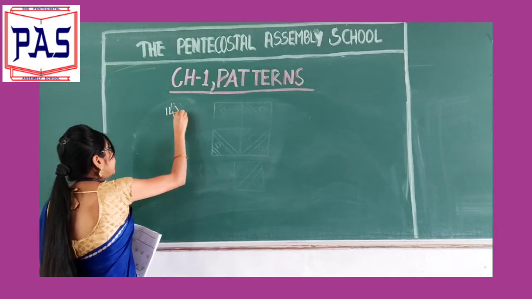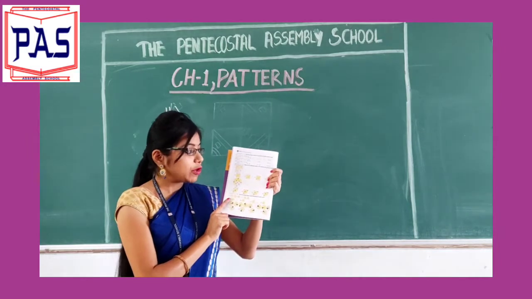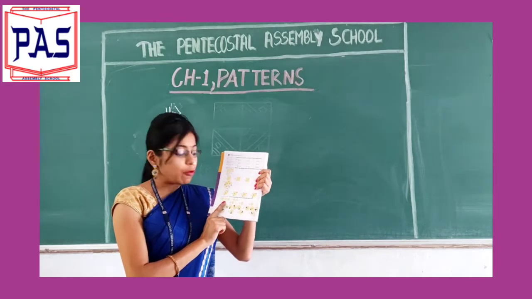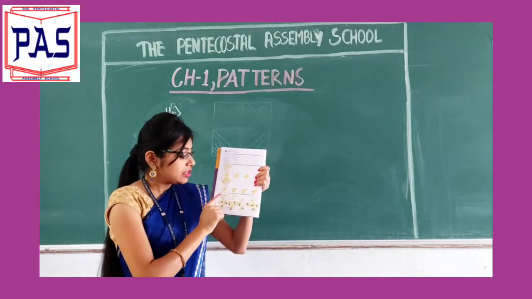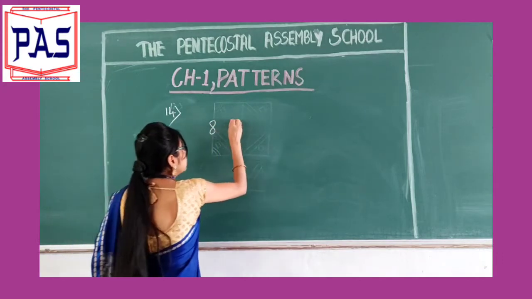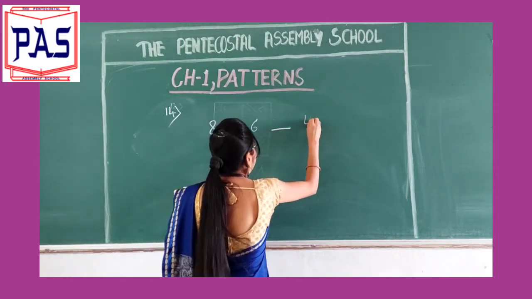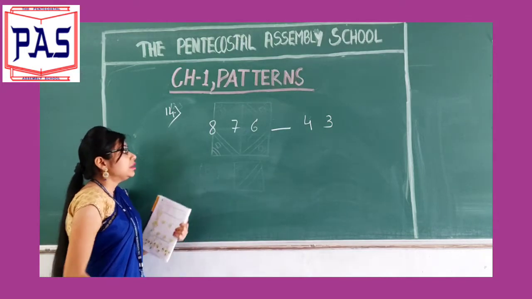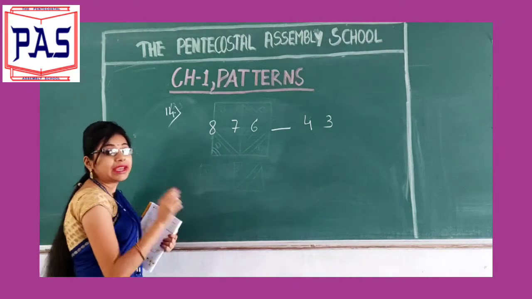In question number 14, a few figures are given, and in each figure there is a number: 8, 7, 6, blank, 4 and 3. You can see that in the figure with number 8, the figure drawn has 8 sides.